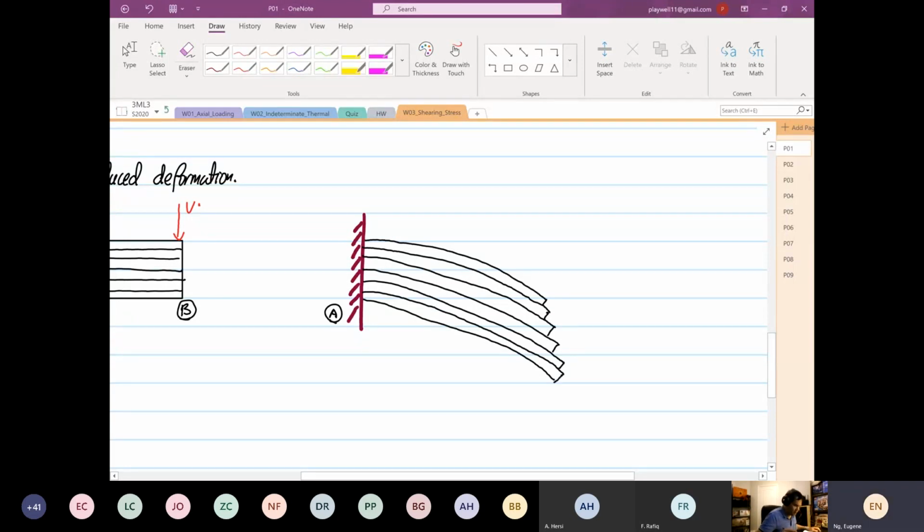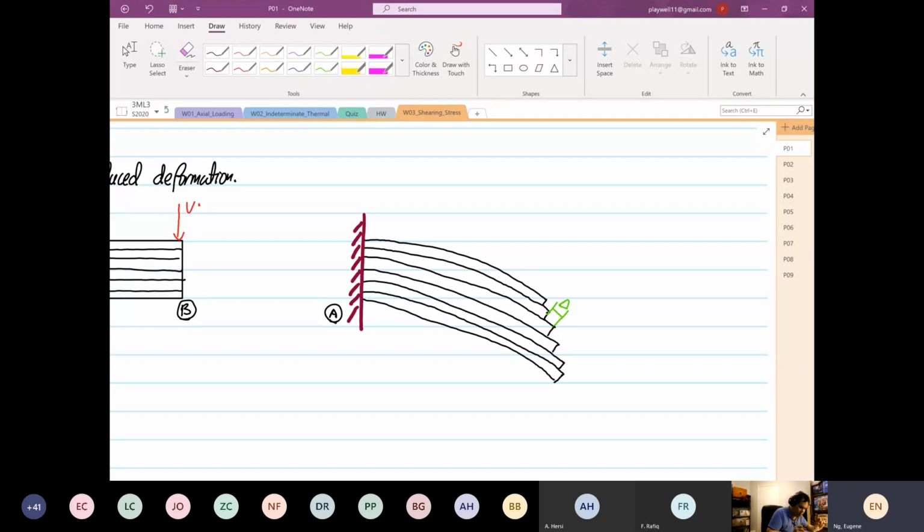So all these layers, what you see is a geometry that I've drawn down here. And this is my delta. So remember what I told you. Shearing stress is acting parallel to the surface.